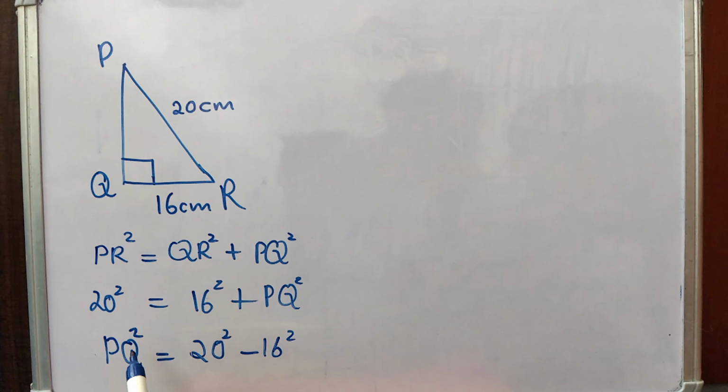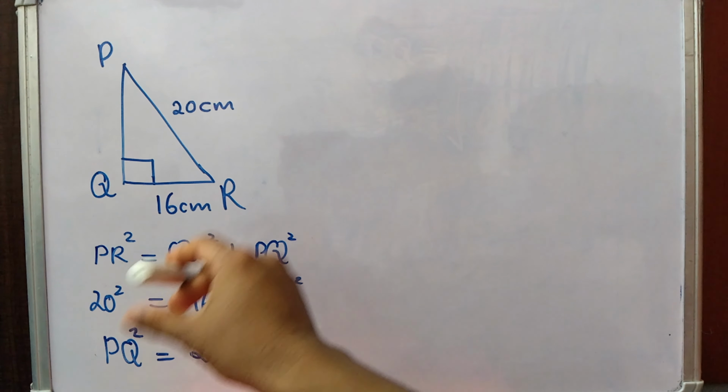So now we have to take square root on both the sides. When we take square root on this side, the square will go off and we will be getting a square root term on the right side.